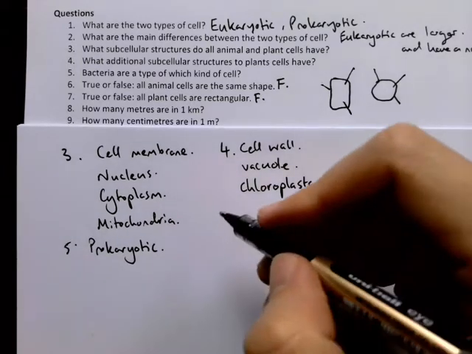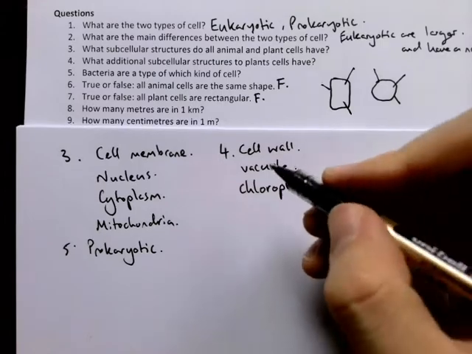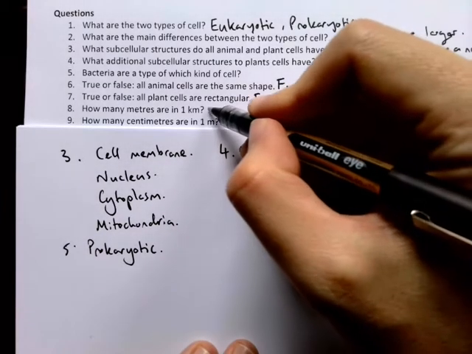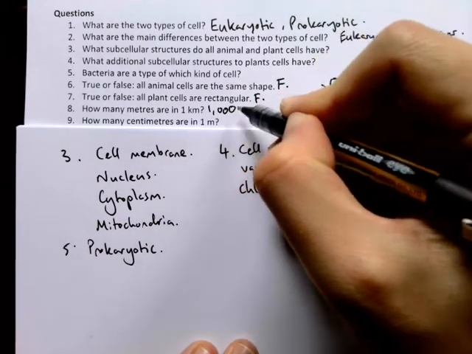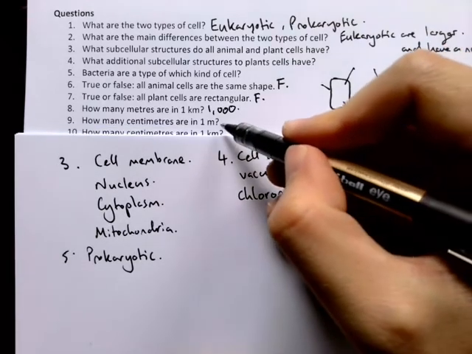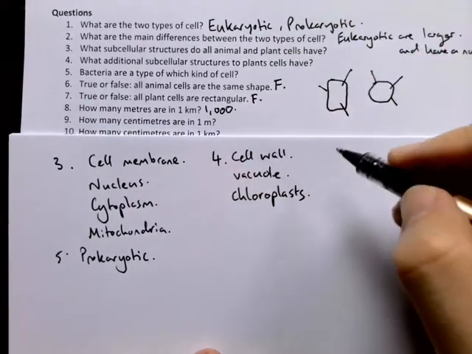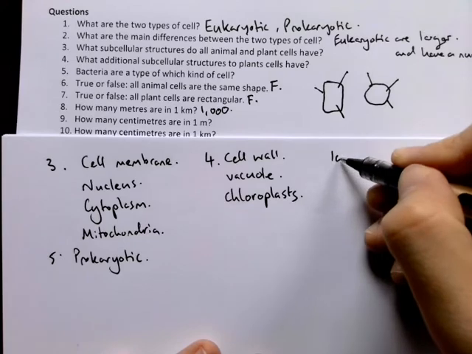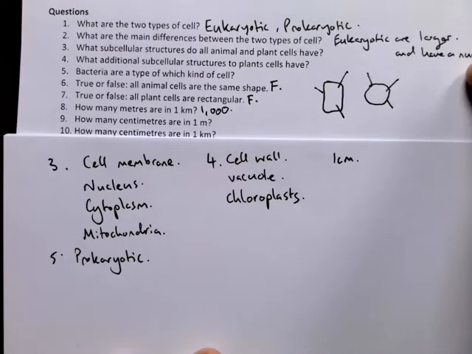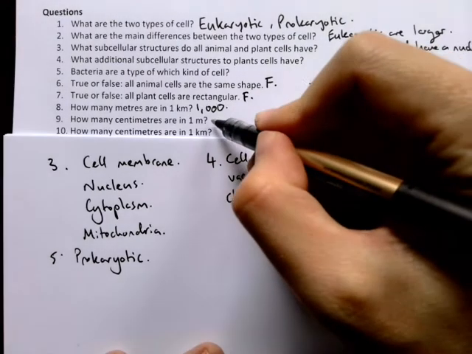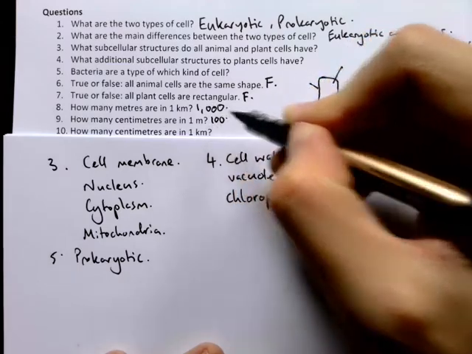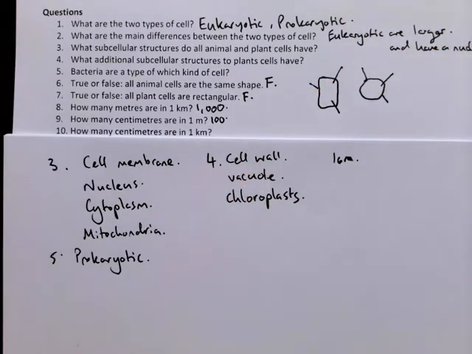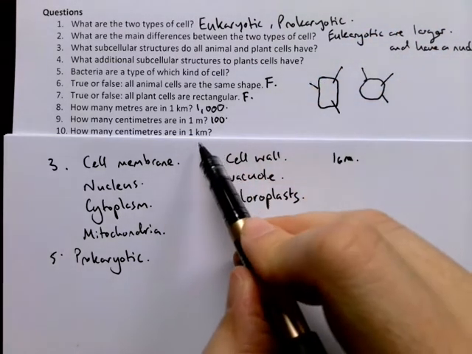Okay, now question number 8. How many meters are in 1 kilometre? 1,000. How many centimetres are in 1 metre? Well, let me think. Oh, no, I don't need to think about that one. I know that's 100. All right. This one. How many centimetres are in 1 kilometre?